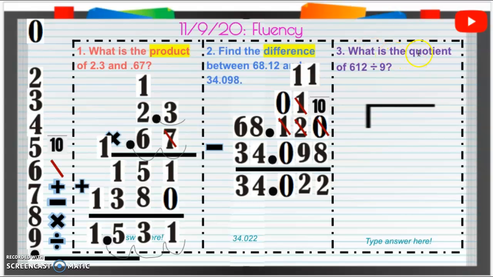What is the quotient of 612 divided by 9? Quotient means the answer to a division problem. So I did put right here our division bar sign.